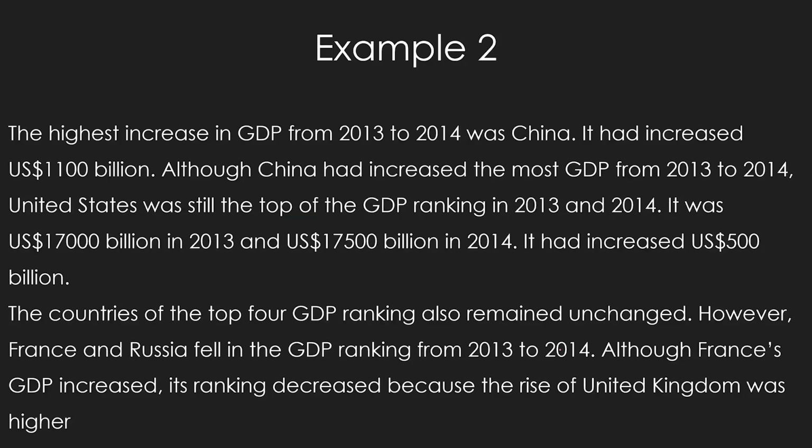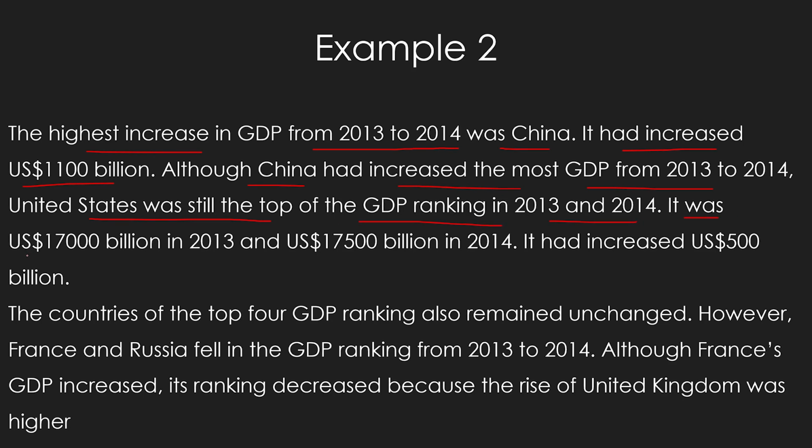Let's look at example number 2. The highest increase in GDP from 2013 to 2014 was China. It had increased US $1,100 billion. Although China had increased the most GDP from 2013 to 2014, United States was still the top of the GDP ranking in 2013 and 2014.